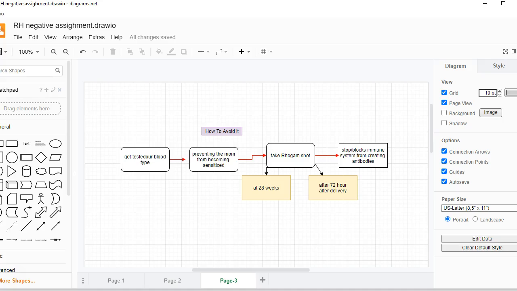So the shot is called the regular shot. It basically blocks the immune system from creating antibodies, so she won't get antibodies for next time. The shot is given at 28 weeks and within 72 hours after the delivery. So that would be all.